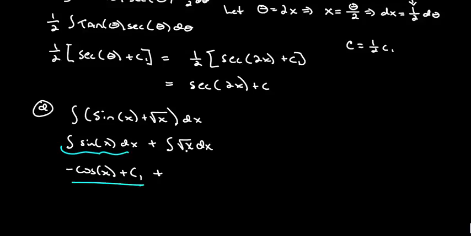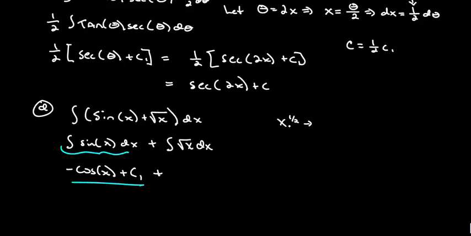We need the derivative here, so we need a function whose derivative is square root of x. Well, let's think about that. I think the easiest way to look at this is we have x to the 1/2.